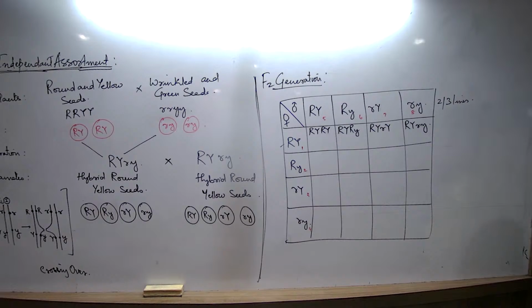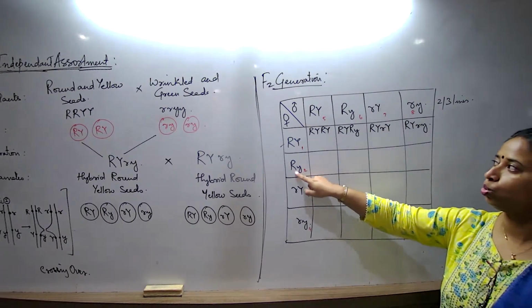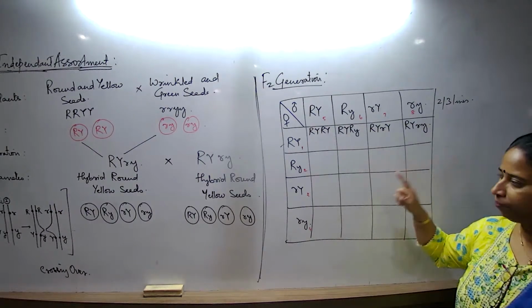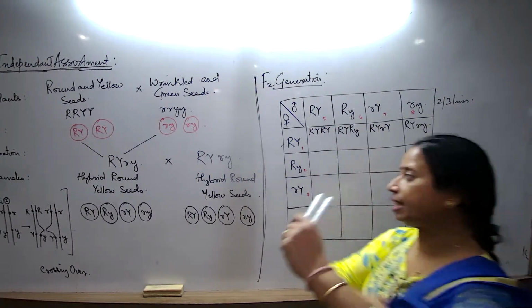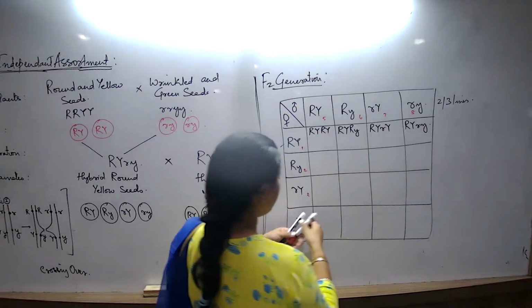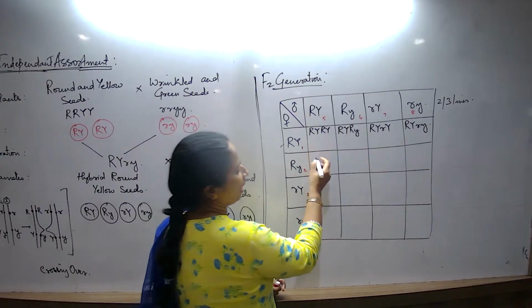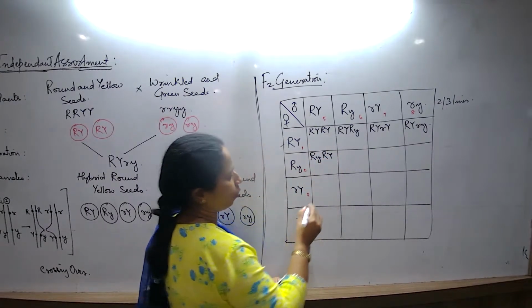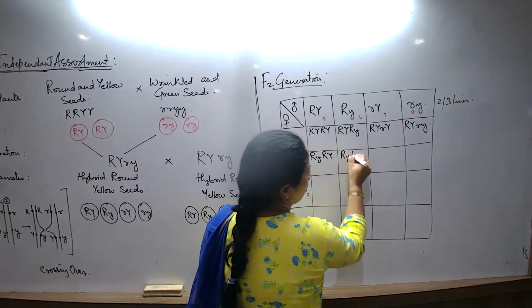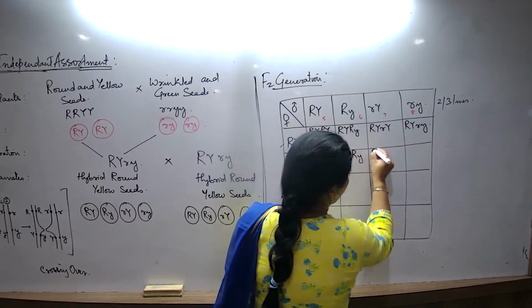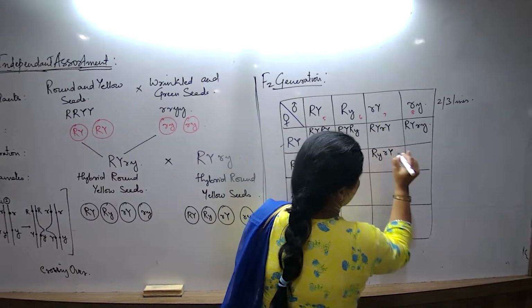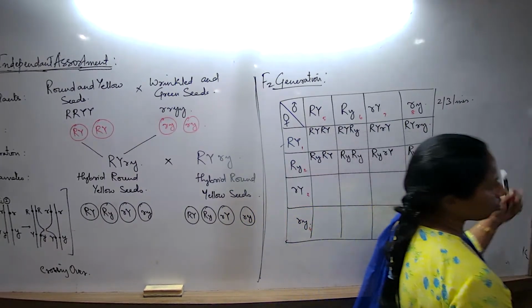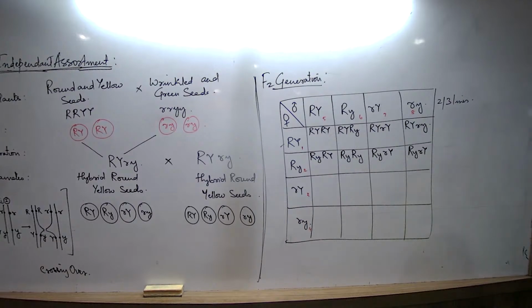Next is, once you are done with this, you will have to complete 2 and 5, 2 and 6, 2 and 7, 2 and 8. Yeah? Then we go with 3. Done? Yes. So 2 with 5, if I take capital R, capital Y, capital R, small y, complete till the 4th gamete.